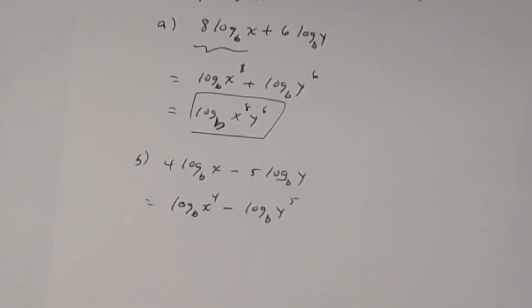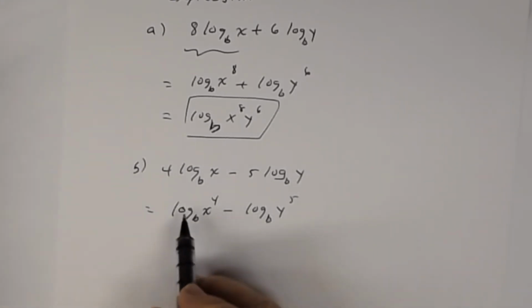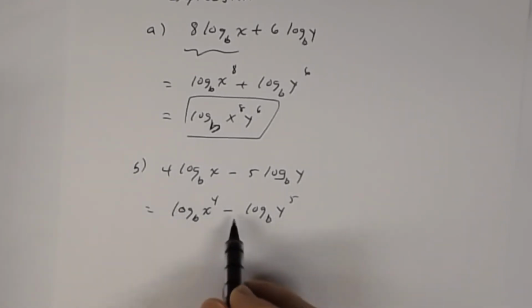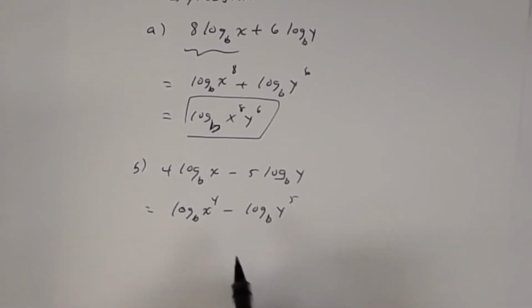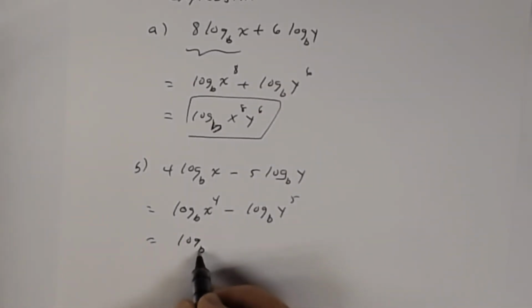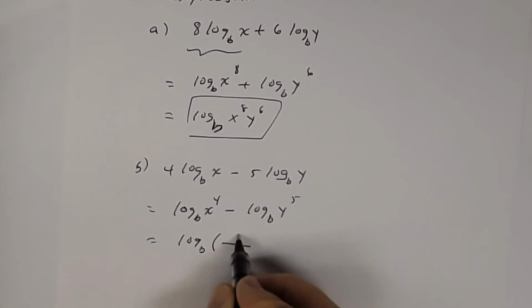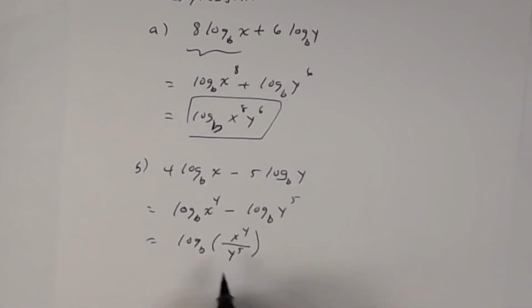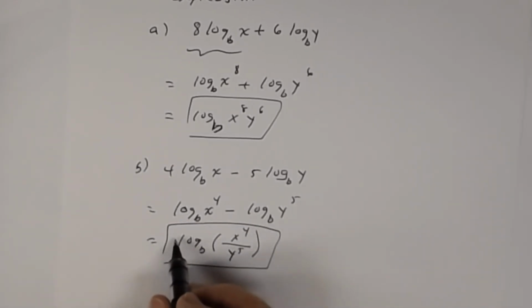And now, since these coefficients are 1 and 1, I can write this subtraction as a quotient, as one logarithm. So I'm using this right here. That's going to be the log base b of x to the 4th divided by y to the 5th. And so there's your answer. That's all you do there. Just make sure that coefficient is a 1.